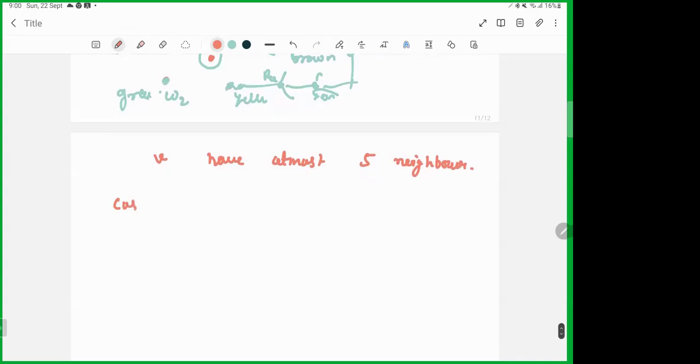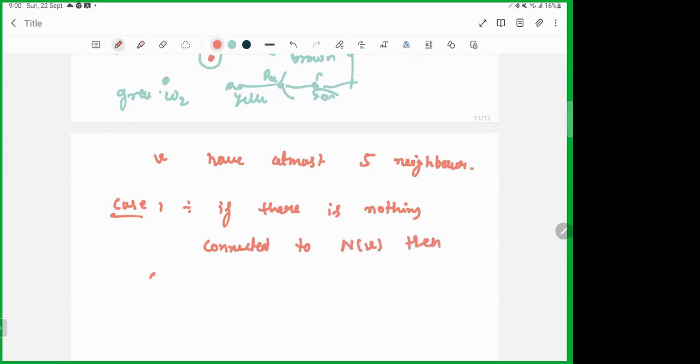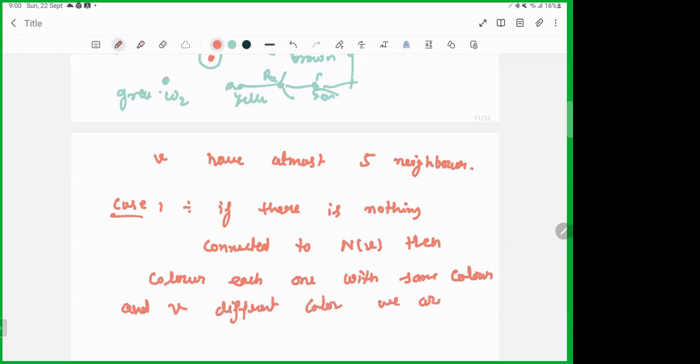Case one, if there is nothing connected to the neighbors of V, then color each one the same color and V a different color. We are done.